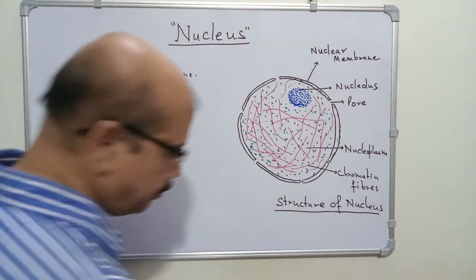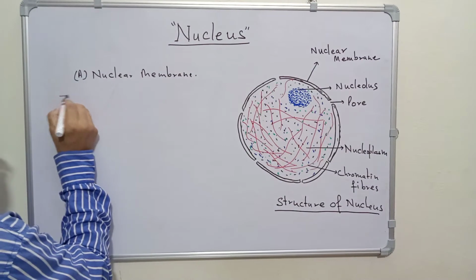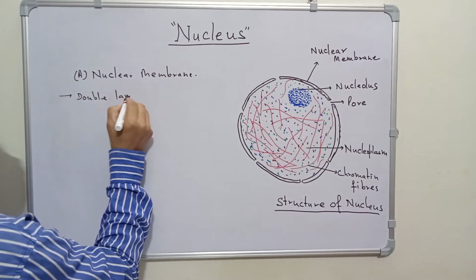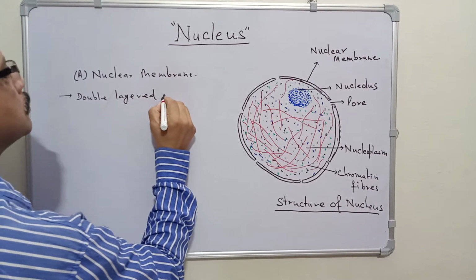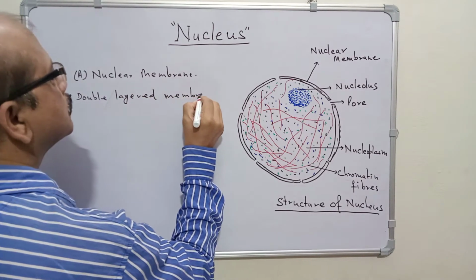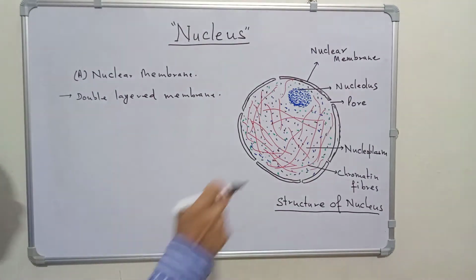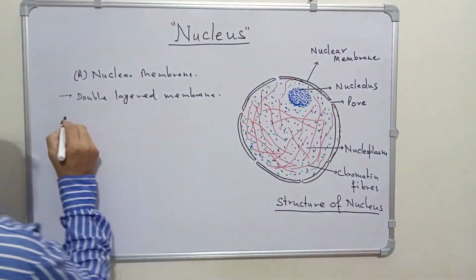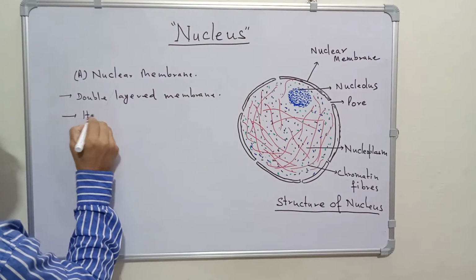First of all, nuclear membrane. It is a double layered membrane having pores at some points.